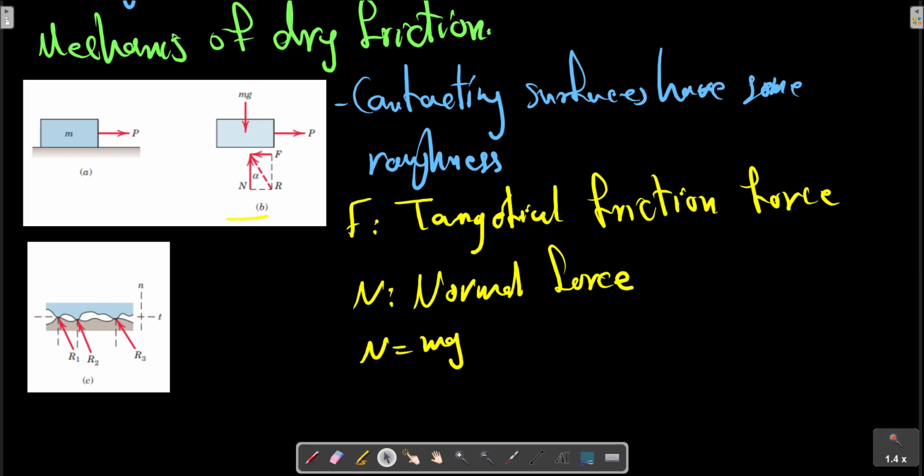The direction of each of the reactions on the block, R1, R2, and R3, as shown in the picture, depends not only on the geometric profile of the irregularity, but also on the extent of local deformation at each contact point. The total normal force N is the sum of the N components of the R's, and the total friction F is the sum of the T components of the R's, as shown in the picture.